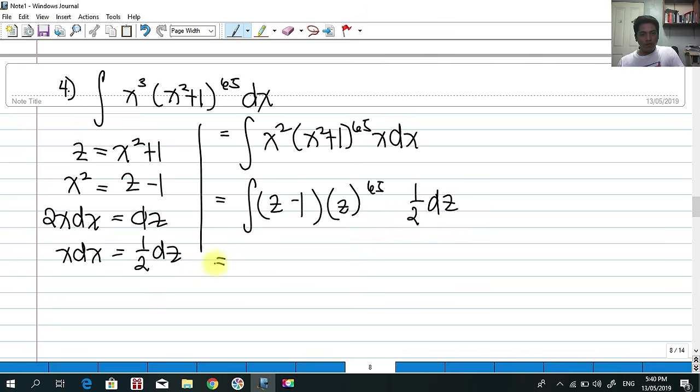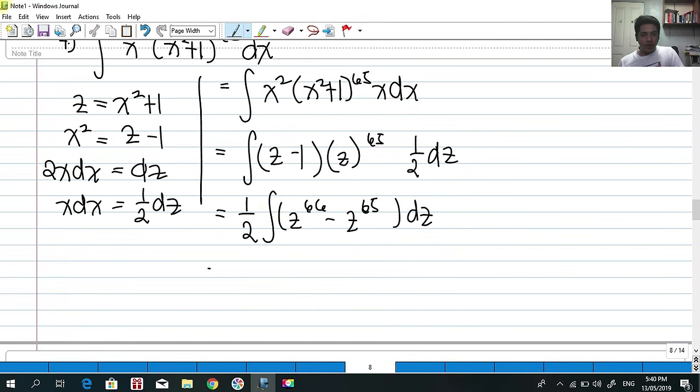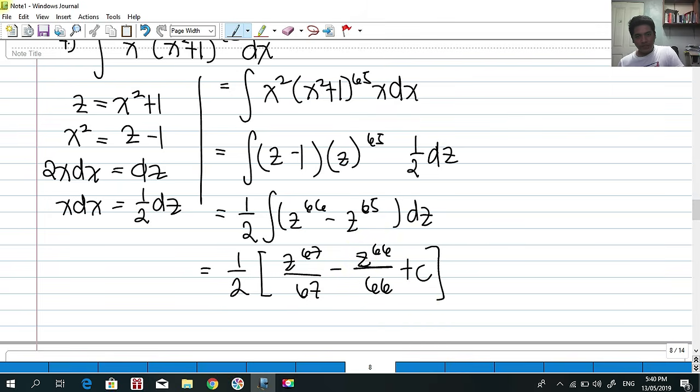So we can factor out 1/2 outside of the integral so that we have 1/2 of z raised to 65 multiplied by z, that should be z raised to 66, minus z raised to 65. Evaluating that integral with respect to dz, we can apply our formula. So we have 1/2 of z raised to 67 over 67 minus z raised to 66 over 66, plus c.